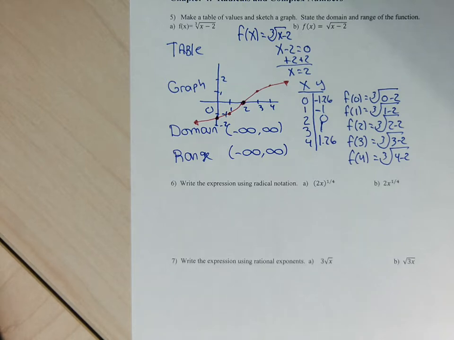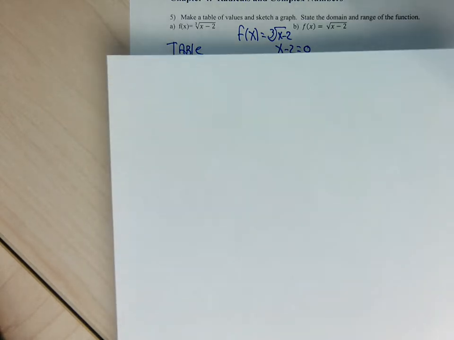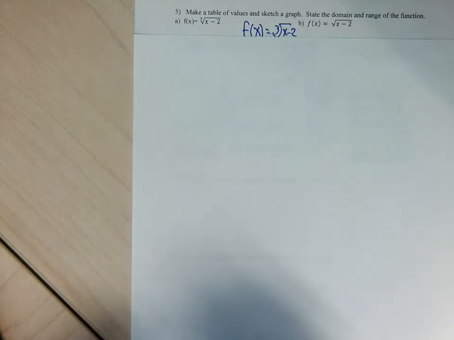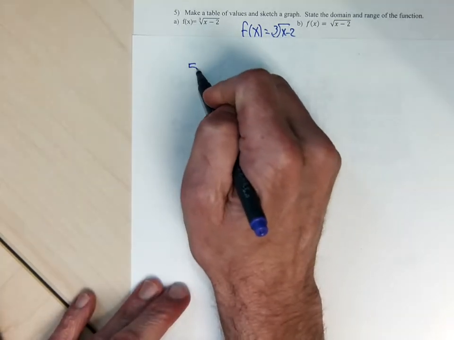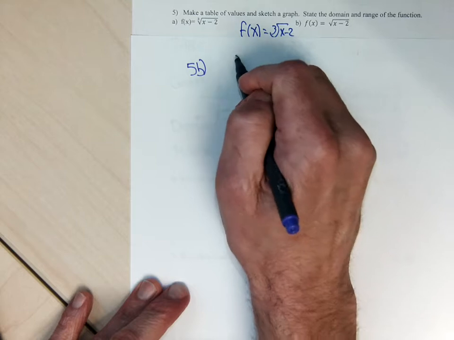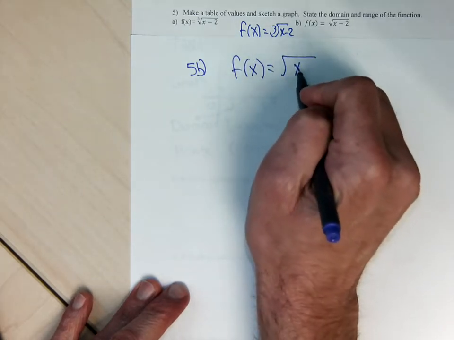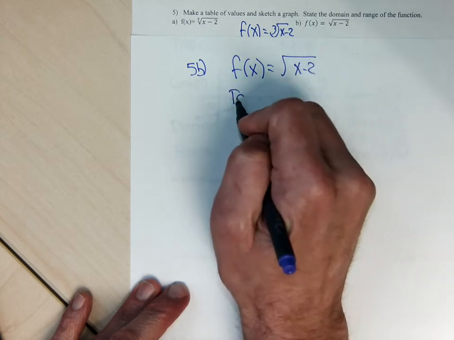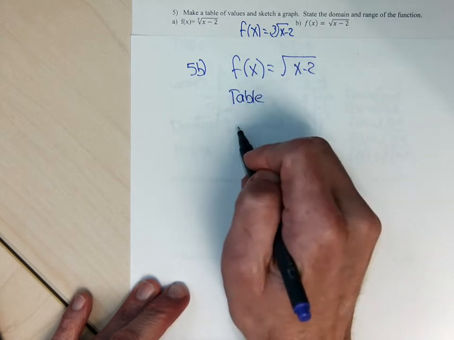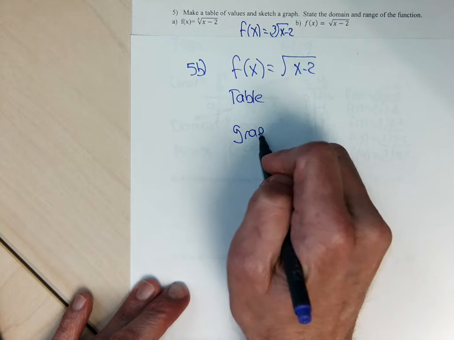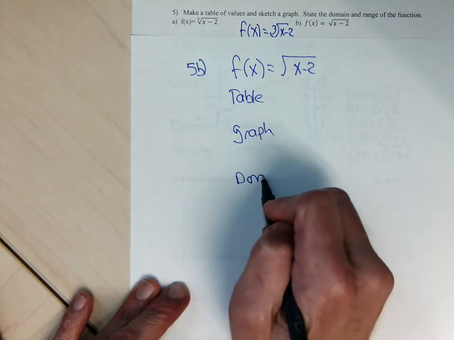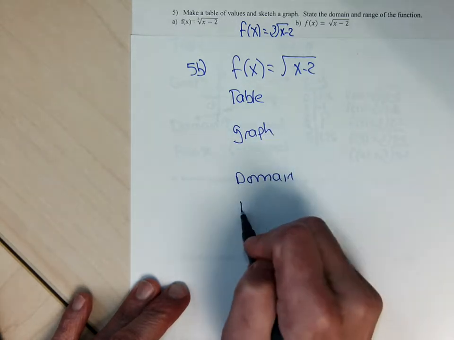So I'm going to do a quick table on 5b, same structure. 5b gives me the function f of x equals the square root of x minus 2. It's supposed to make a table, sketch a graph, find the domain and the range.